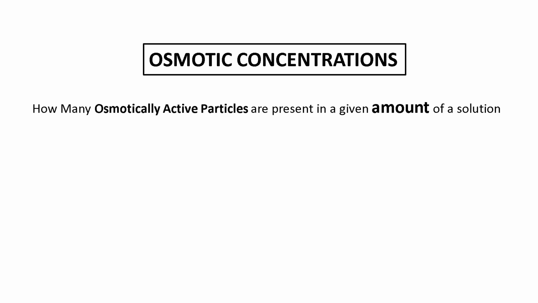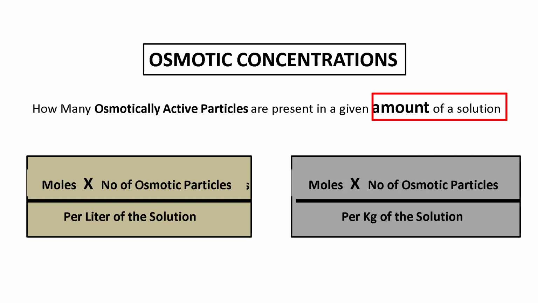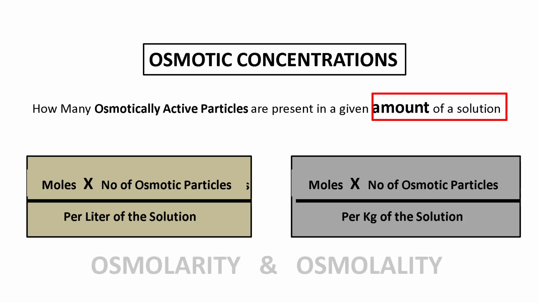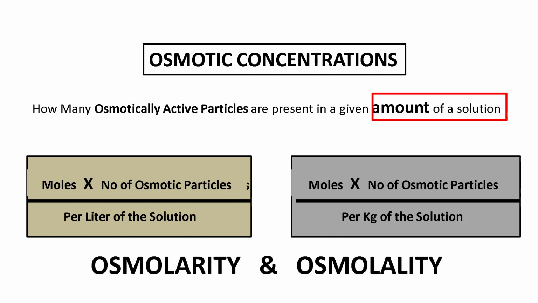When we say osmotic concentration, it means how many osmotically active particles are present in a given amount of a solution. When we express the osmotic concentration as the number of osmotically active particles in a liter of a solution, it is called osmolarity. And when osmotic concentration is expressed per kilogram of the solution, then it is called osmolality.